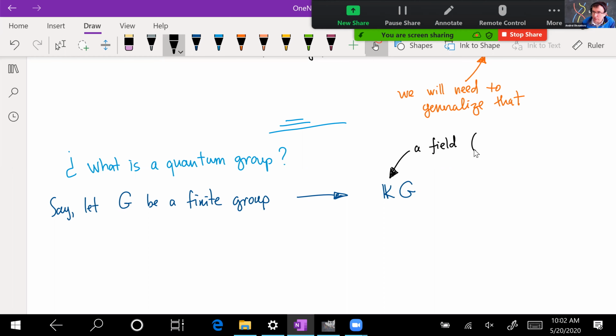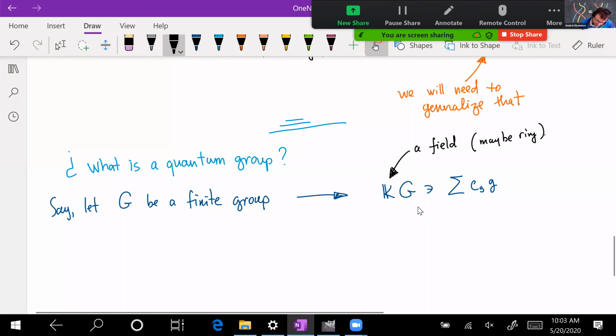Later we will need to work over some rings sometimes. The elements here are just formal linear combinations of elements in the group, so a summation of c_g g, where each c_g lies in K, and you add and multiply as you would. In some sense, this captures the entire representation theory of this group G over that field K.